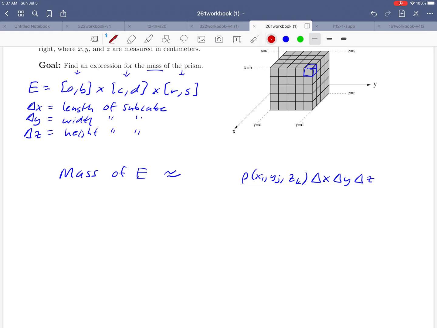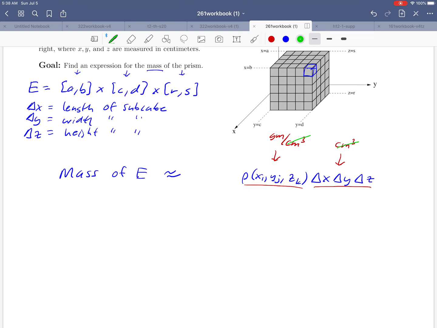Okay, let's do a quick unit check here. Our density is measured in grams per cubic centimeter in this problem. And then if we take centimeters times centimeters times centimeters, we're going to get volume in centimeters cubed. Cancel your units and you can see that we're going to get grams, which is a unit of mass. So far what we have is an approximation of the mass of one of our subcubes.